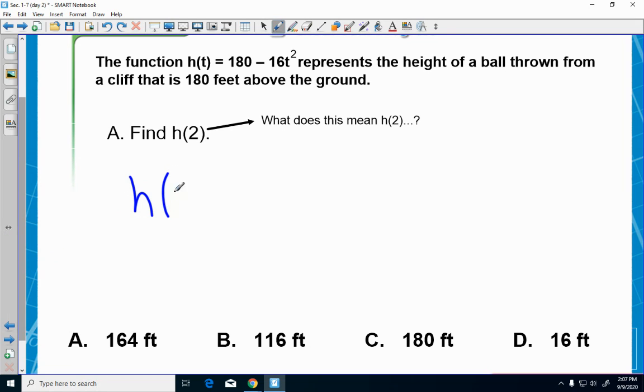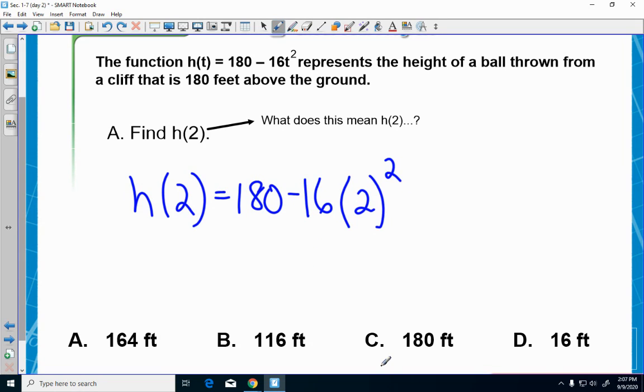When you sub in the 2, what's getting squared? Is it just the 2? Or is it the 2 and the 16? You think it's both? Okay. Well, come back up here. The 2 right now, is it attached to the t or is it attached to both? If it was attached to both, what would need to be there that's not currently there?